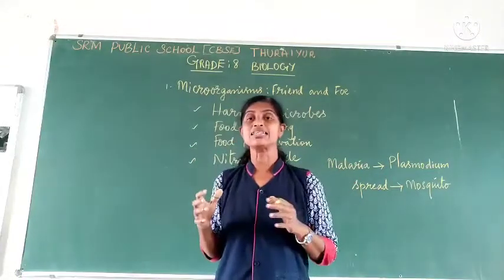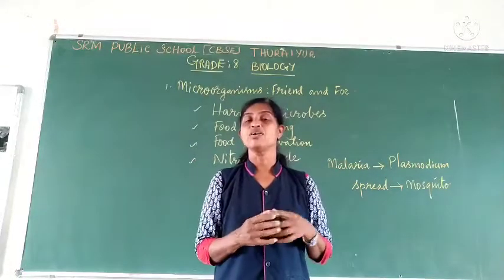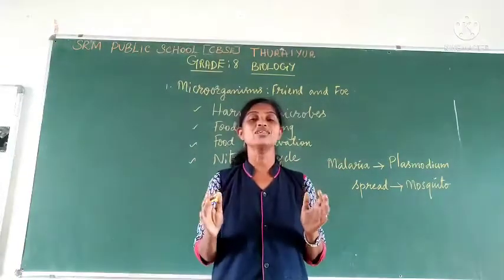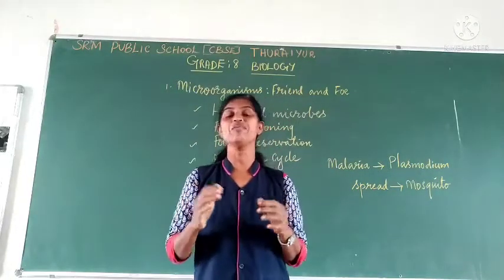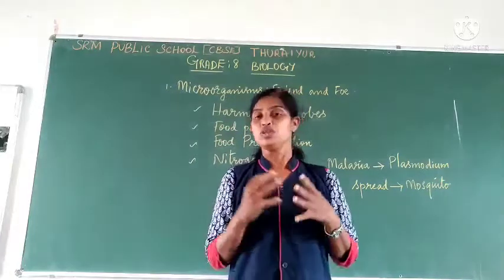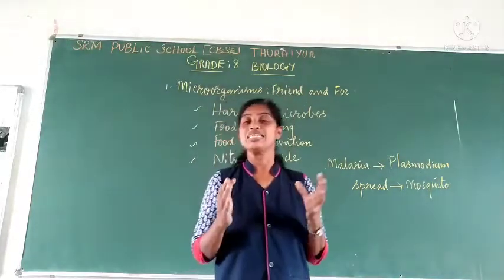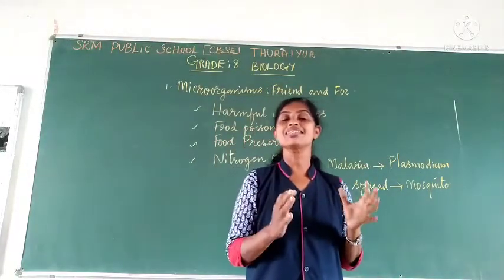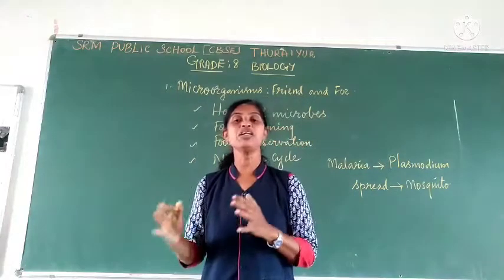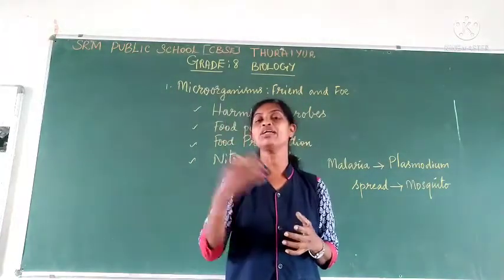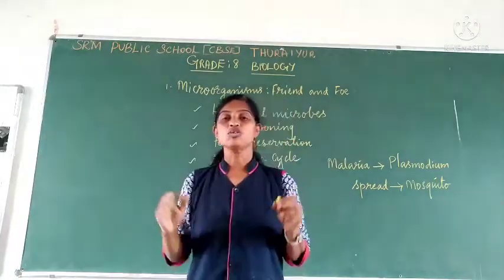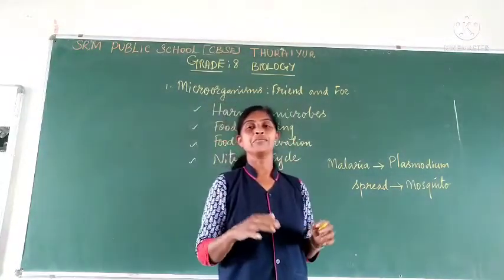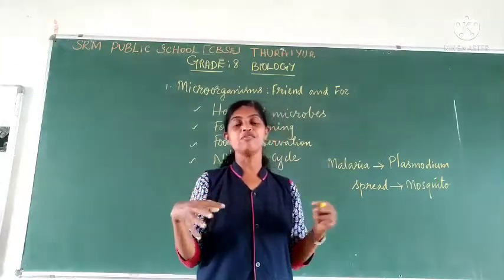So all these things you recall. We learned that microorganisms are harmful in many ways. Not only human beings, they even affect plants as well as animals, including cattle. Dogs are affected, am I right? So till now, we have covered only these harmful microbes.